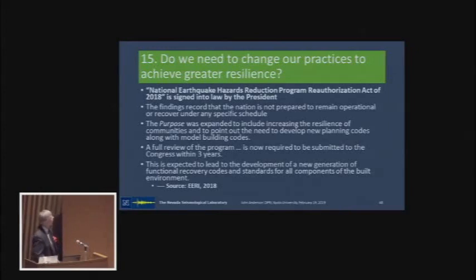And then this last point, and I have to apologize for all the tiny writing on this one, but the last question is, are we doing the right thing? Just overall. Do we need to change our practices in any fundamental way to achieve greater resilience?